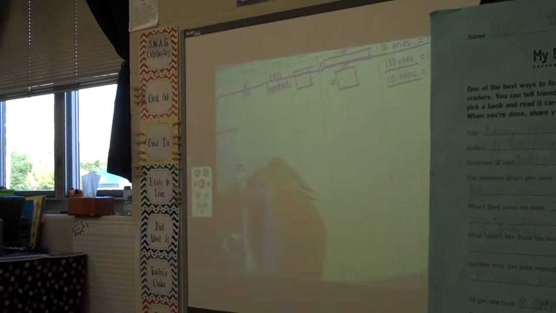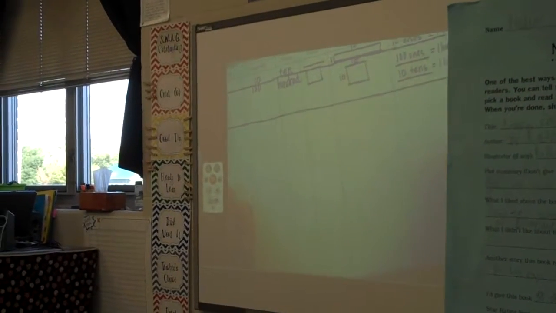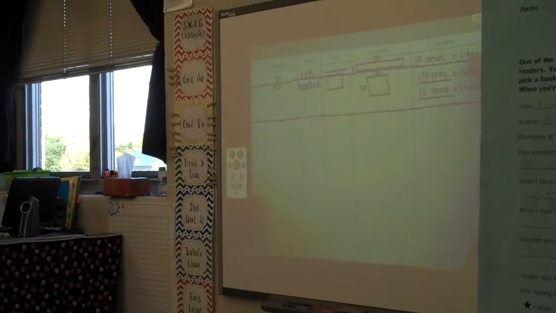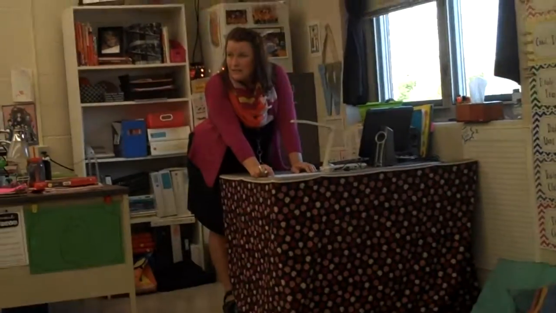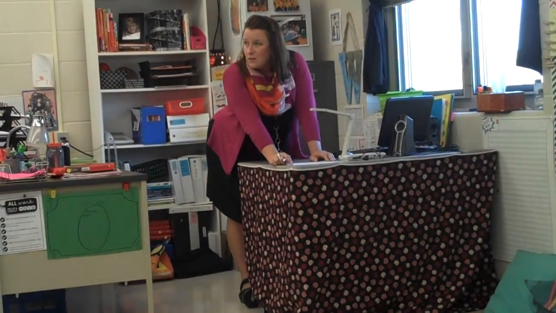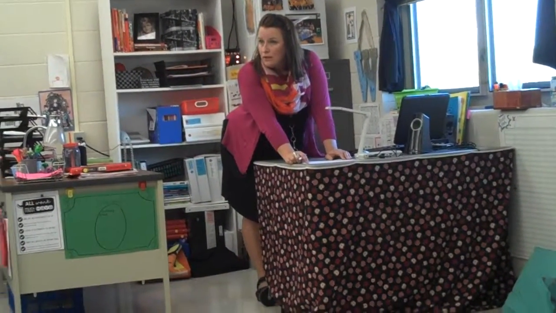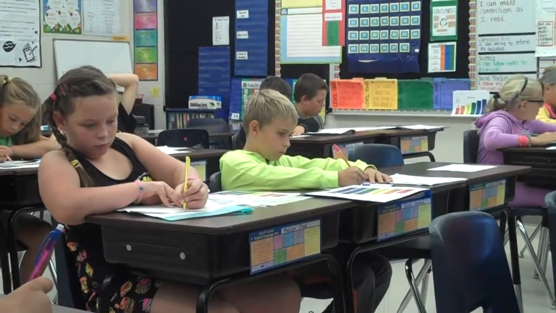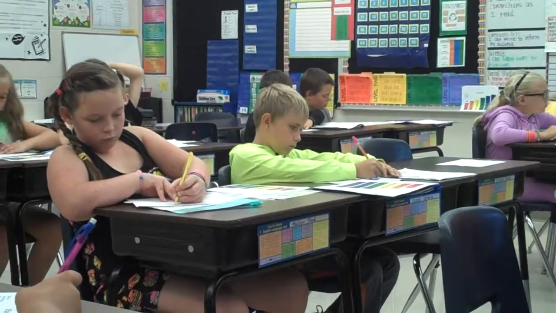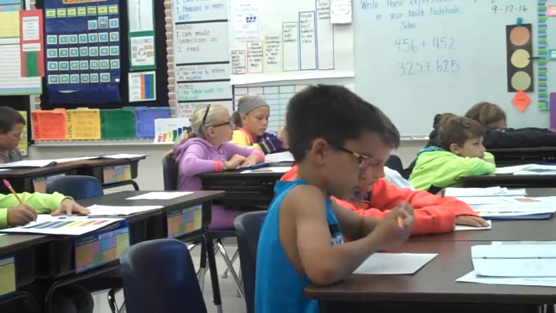I'm going to draw another line under here because I noticed that there was 1 equation for tens, 2 equations for hundreds. I wonder how many there will be for thousands. How many equations do you think there will be? We're looking for a pattern. 3 probably, right? Okay, so you can go ahead and work in your small group, like our science groups, and try 1,000 with your group.